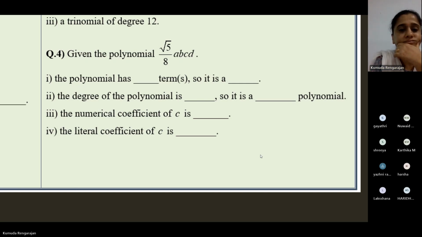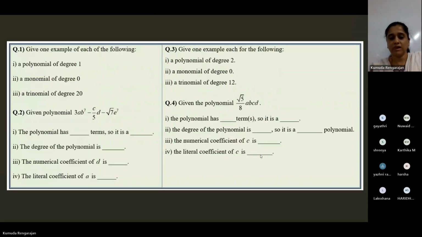Finished? Correct. All right. So we'll do the fourth one, as I told you, and then do the third one.